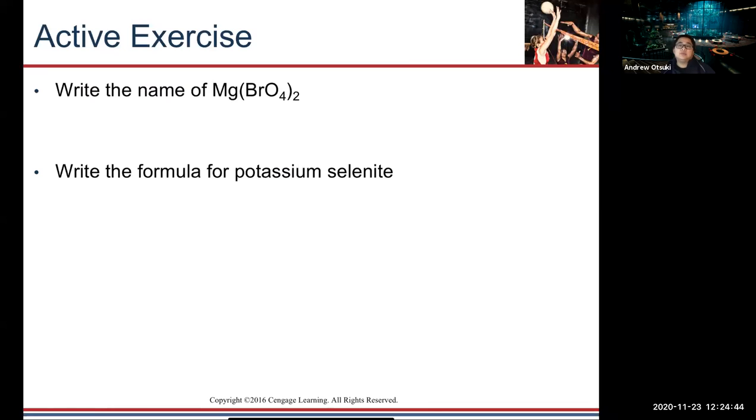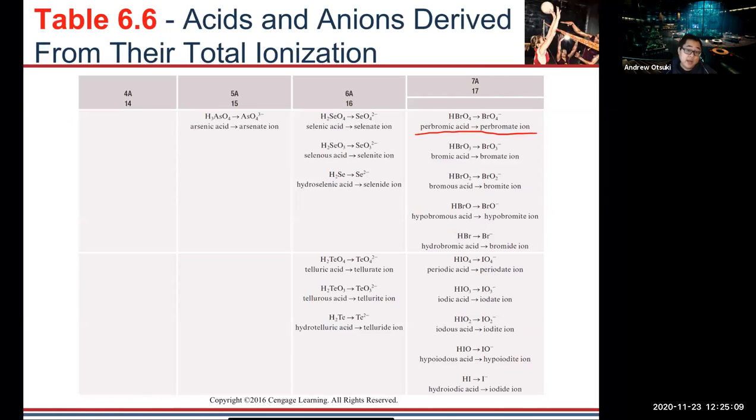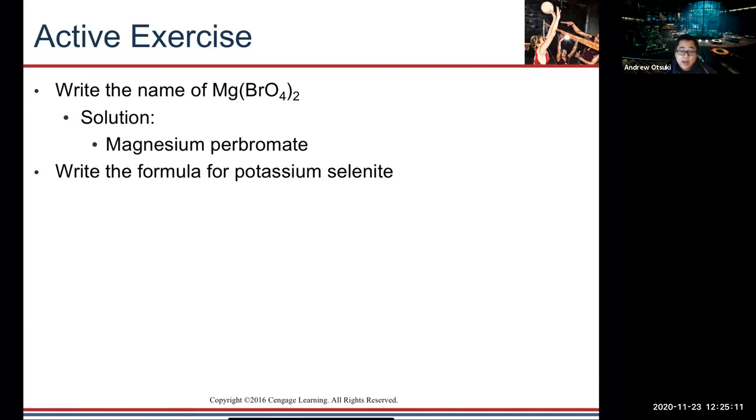So magnesium, which has a 2 plus charge, needs 2 perbromate ions to balance that out. So we call this magnesium bromate. Oh, sorry, not bromate. Excuse me, perbromate. Remember, we had perbromic acid. My apologies. All right, so magnesium perbromate.